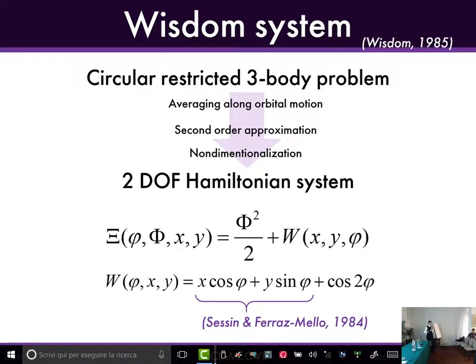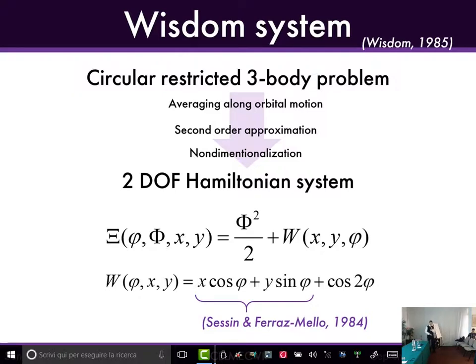We truncate this series after the terms of second order, and after some non-dimensionalization and changing of variables, we obtain the Hamiltonian system with 2 degrees of freedom.